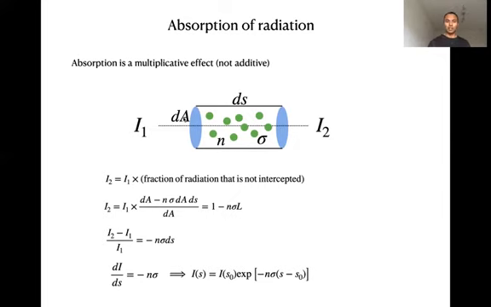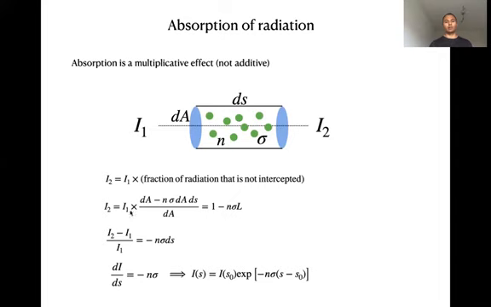So N times dA times ds times sigma divided by dA is the total cross-sectional area divided by the total area of the cylinder. So that gives you the fraction of radiation that is going to be intercepted.